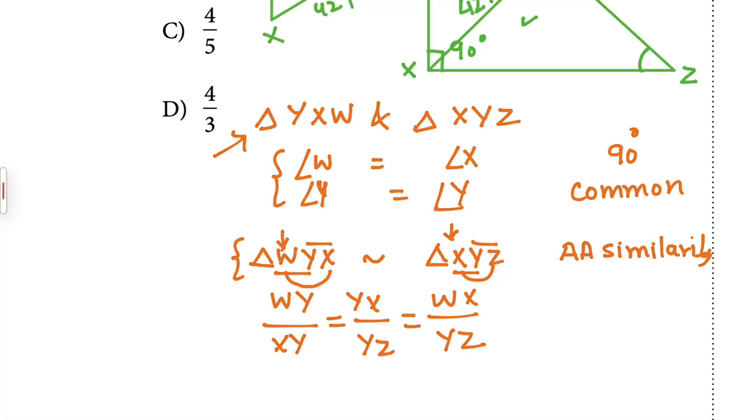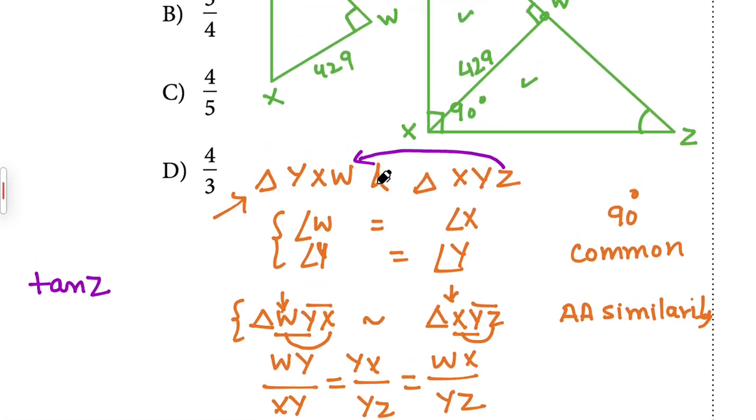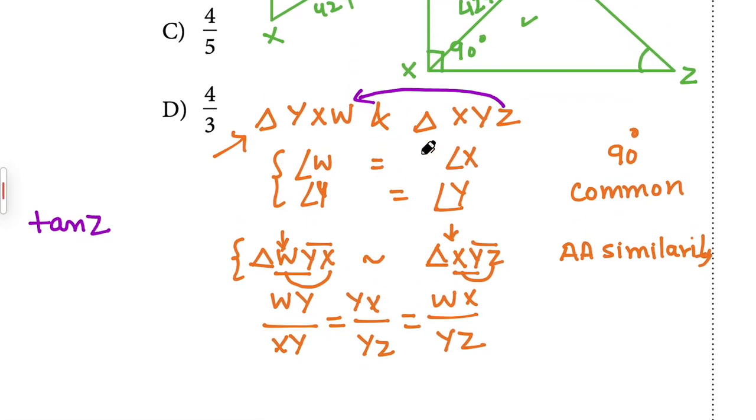Let's come to the third part and so change the color. Tan Z. Because angle Z is equal to, have I made some mistake? No, here is the similarity. See, I am making the mistake. This is just the name of the triangles. Here is the similarity. We have to check from here.